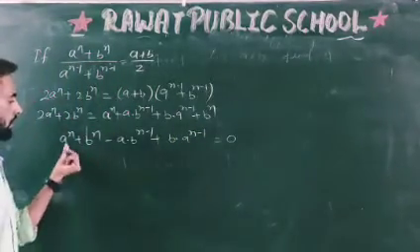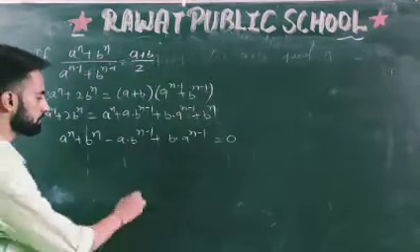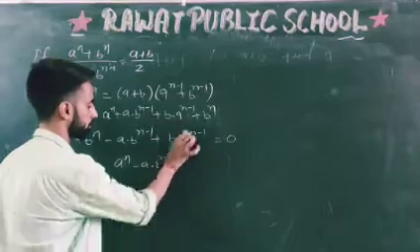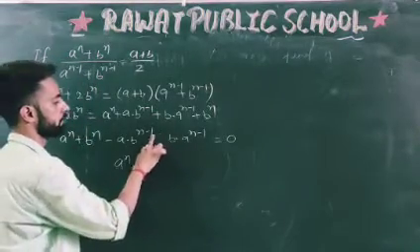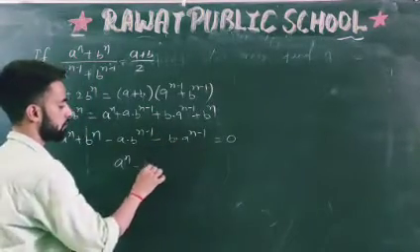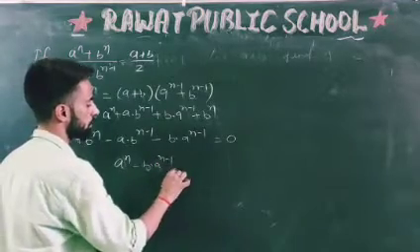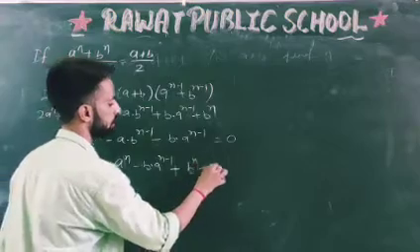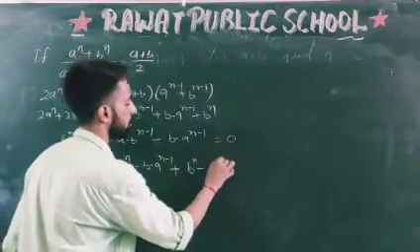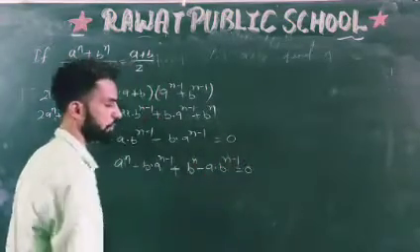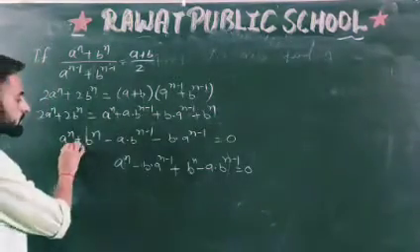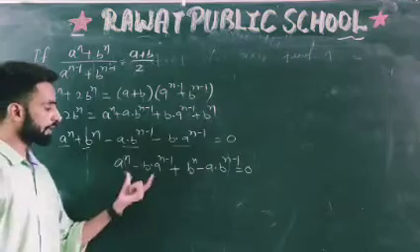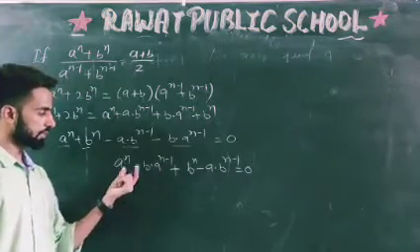Right? Now I am grouping this term with this term, a·b^(n-1) with a^n, and b·a^(n-1) with b^n, equal to 0. I kept this term with this one and this term with this one. Now I can take common a^(n-1) from this term and this one.